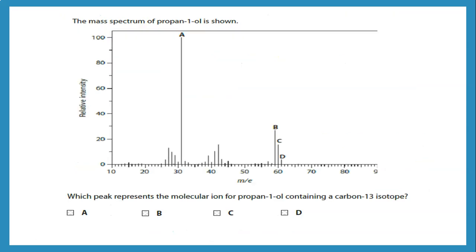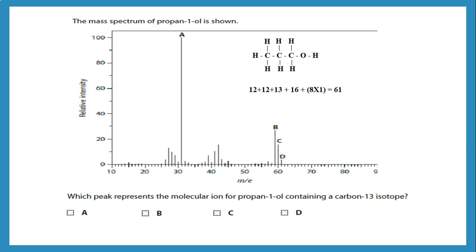The mass spectrum of propane 1-ol is shown. Which peak represents the molecular ion for propane 1-ol containing a carbon-13 isotope? Remember that this is propane 1-ol. Now, if I sit down and calculate the molecular mass of each one, the molecular mass in the periodic table is 12.